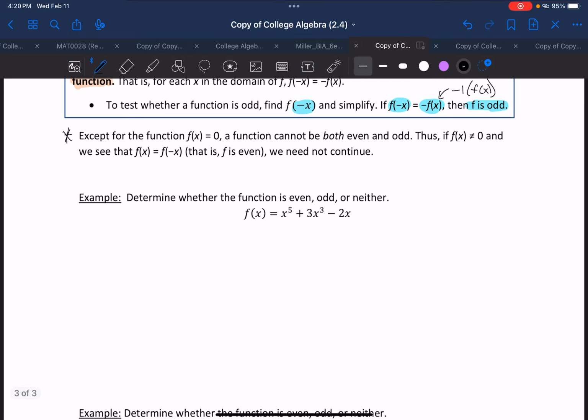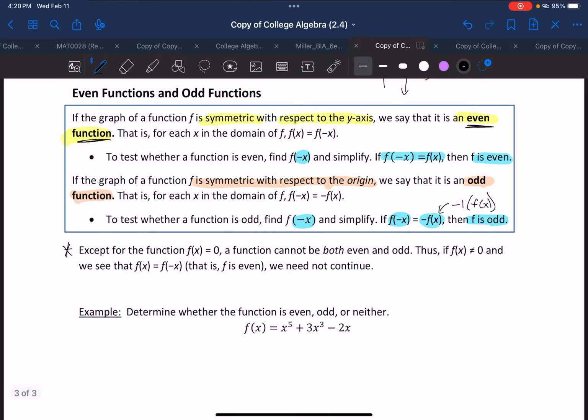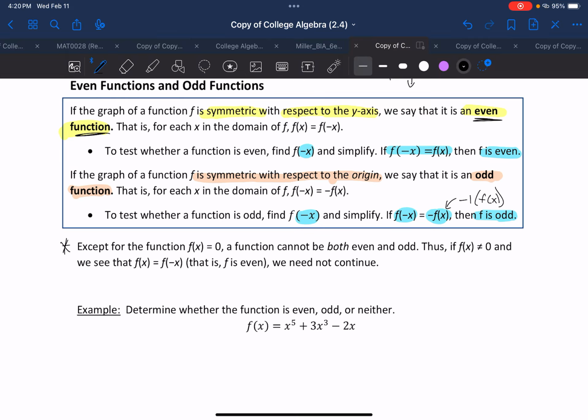So let's do this first example here. It wants me to determine whether the function is even, odd, or neither. So I'm going to plug in negative x into this function. I'm going to find f of negative x.